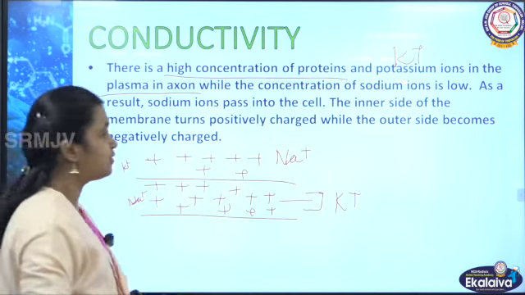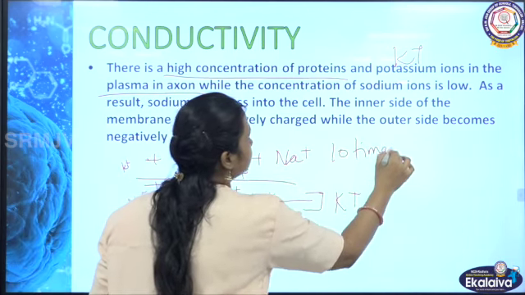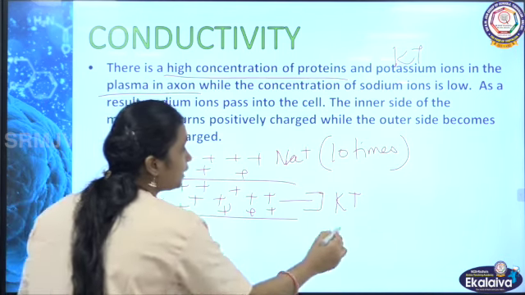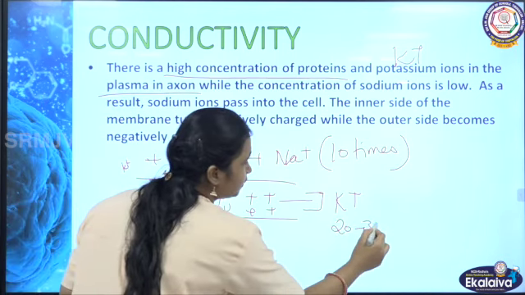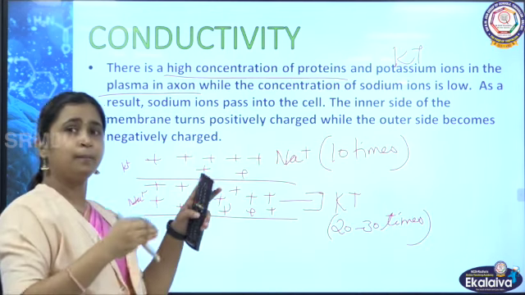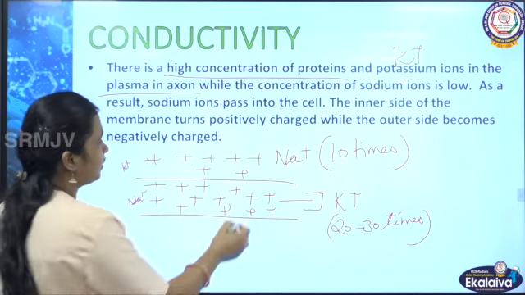But when you see the concentration outside, it is 10 times more. The sodium ion 10 times more in extracellular. Similarly, potassium ion some 20 to 30 times we can say, 20 to 30 times more inside the plasma. Okay, there is axoplasm we can say, or neuroplasm you can say, inside this.